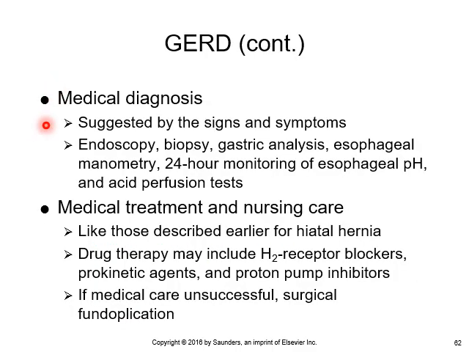To diagnose, it's suggested by the signs and symptoms, and then we can do some imaging. And to treat, we are going to treat it like those described earlier for hiatal hernia, or we can also give them H2 receptor blockers like the ranitidine and famotidine that we mentioned earlier on.